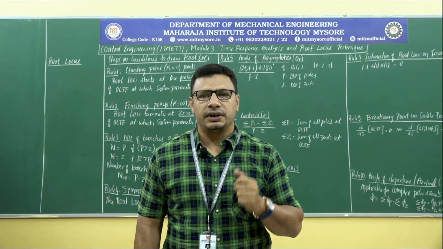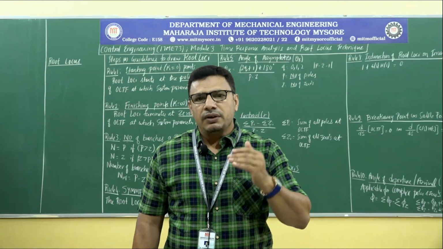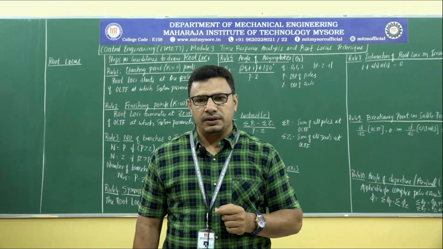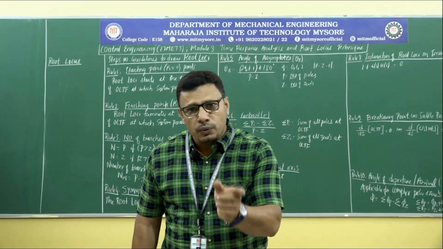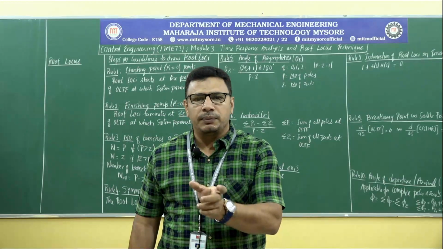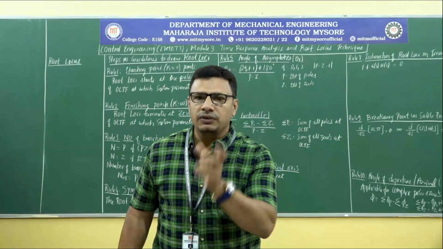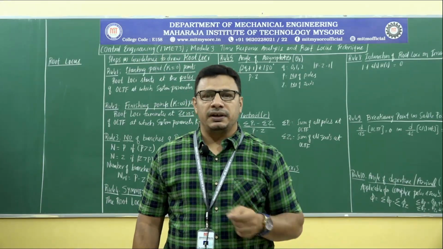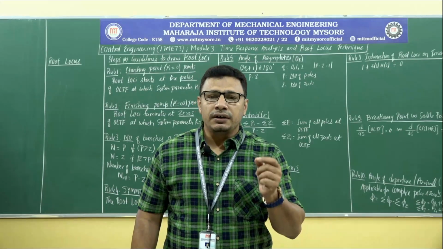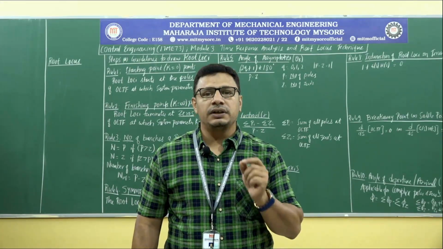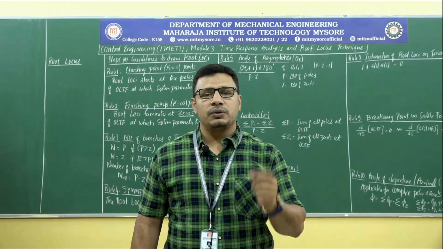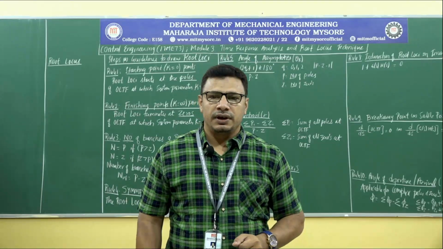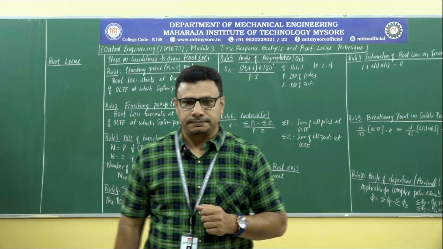Now, when one or more input parameters to the system are varied over a given range of values, the roots of the characteristic equation, which represents the functionality of the system, also get varied. When we plot these roots in the S plane, it results in continuous curves, and these curves are known as root loci. Singular is root locus and plural is root loci.